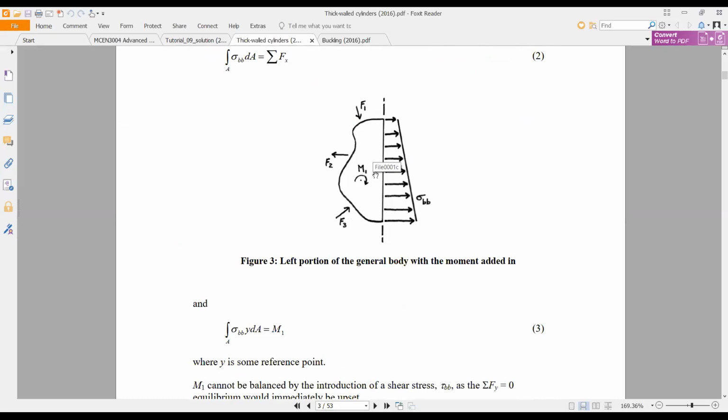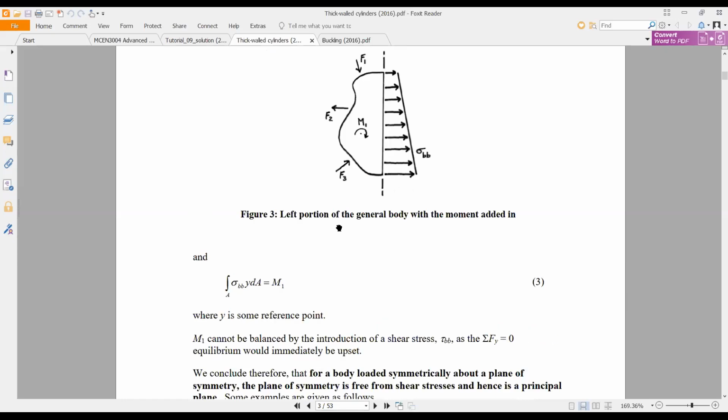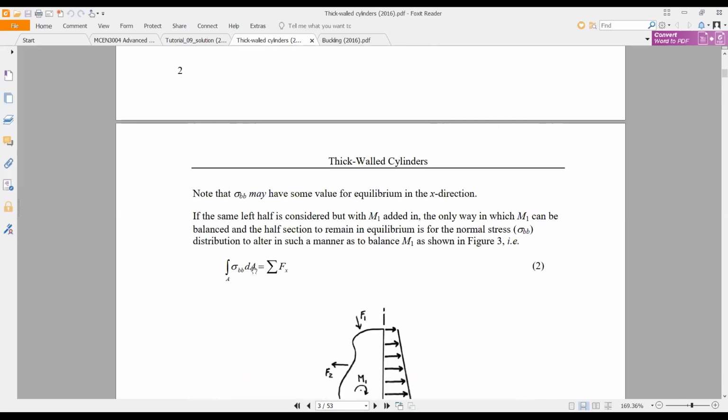Okay, so assume it is here. If the axial load is applied somewhere here, away from the centroid, it will try to rotate due to this distance. Okay, so you can find out the bending moment at any point using this equation. What you need to do is multiply by the distance. So the distance is y.